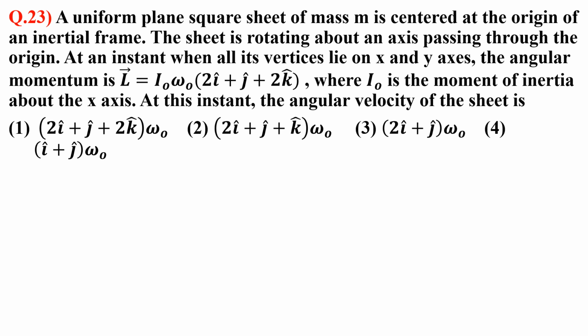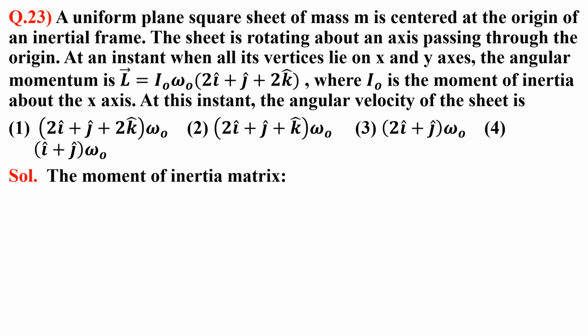At this instant, the angular velocity of the sheet is: option 1, (2i plus j plus 2k) omega naught; option 2, (2 i cap plus j cap plus k cap) omega naught; option 3, (2 i cap plus j cap) omega naught; option 4, (i cap plus j cap) omega naught.